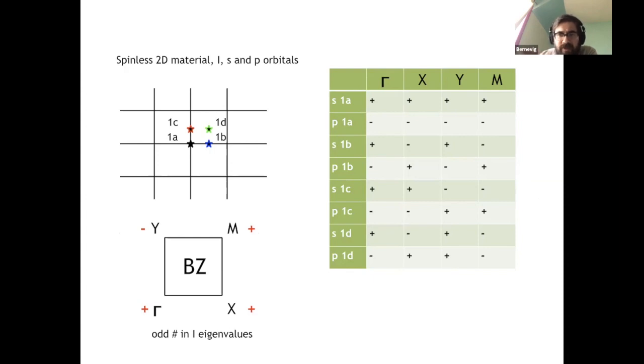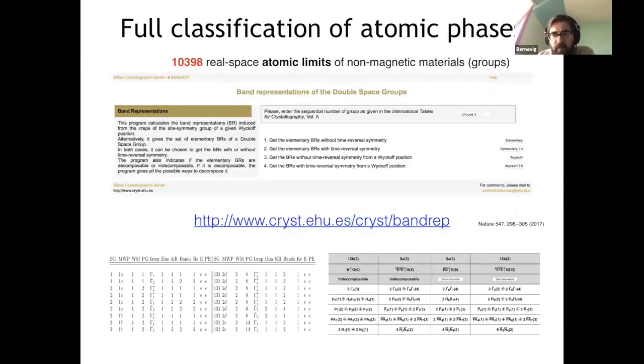By the generality of this prescription, it's very clear that you can get all the topological bands, even with just zeroth order information, in all the non-magnetic symmetry groups for all compounds, given a set of eigenvalues. And all these atomic limits are tabulated on this website that we built.